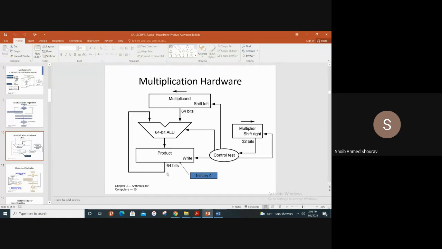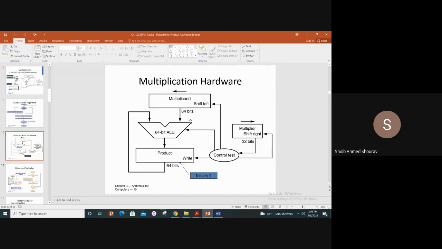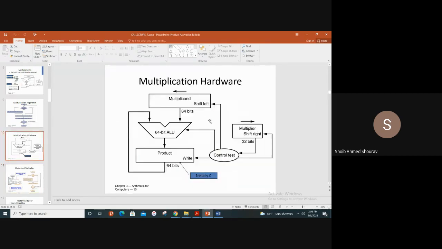I may repeat again. To reduce the space complexity, we have to reduce the memory needed to perform this algorithm. To perform this algorithm, we need this memory. Now, in the optimized multiplication algorithm, we have to reduce the memory space required.